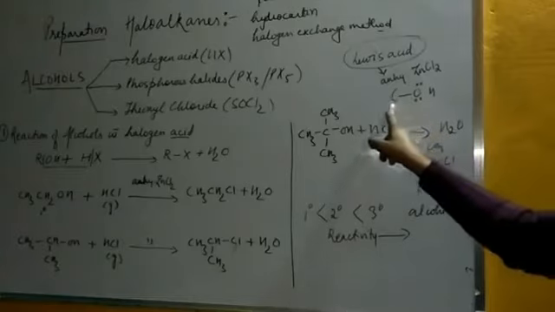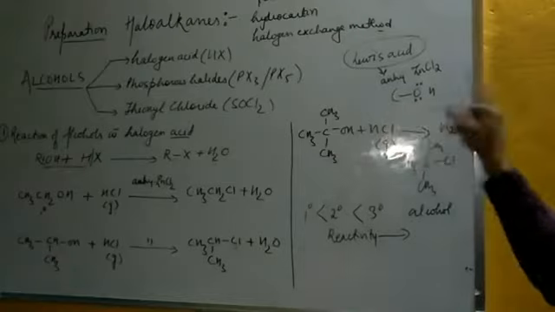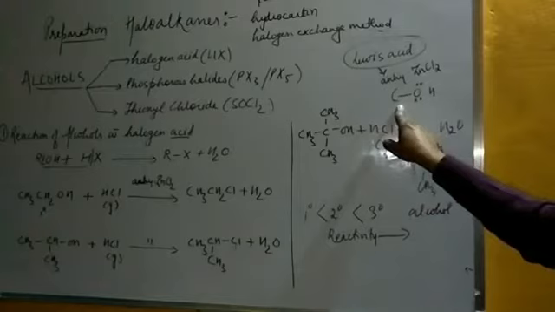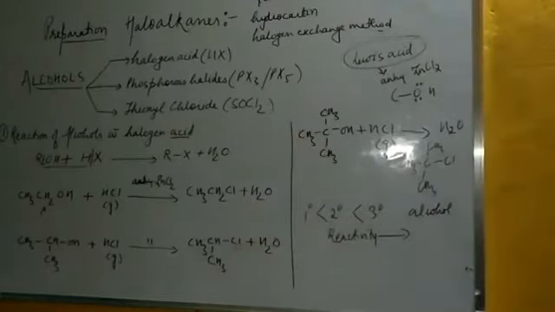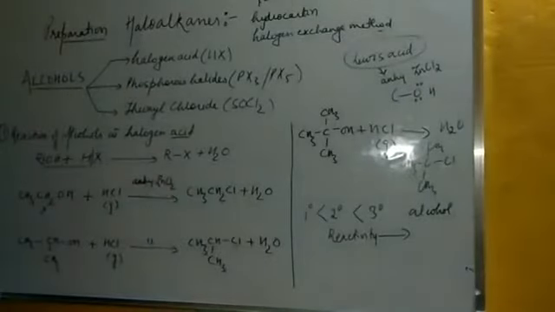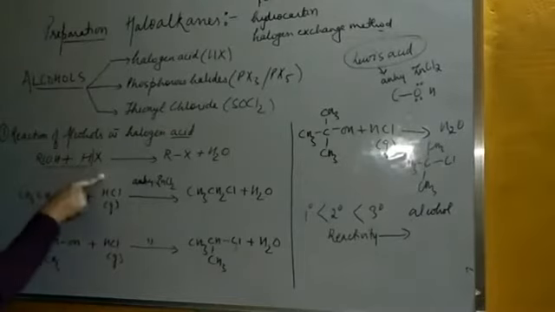As a result, the bond gets broken down and a carbocation is formed, and then a halide ion from the HCl will just get bonded to it. So anhydrous ZnCl2 weakens the bond between C-OH so that a carbocation is formed, right, and a haloalkane can be formed easily, right. So this is the way how the alcohol reacts with the halogen acid.